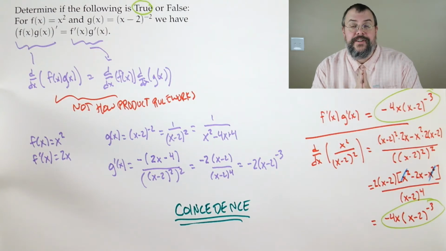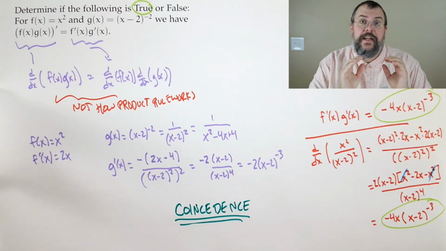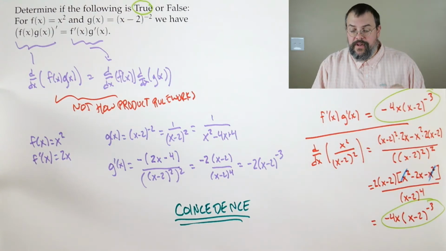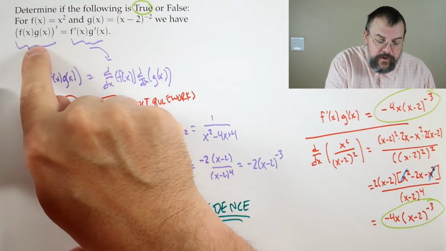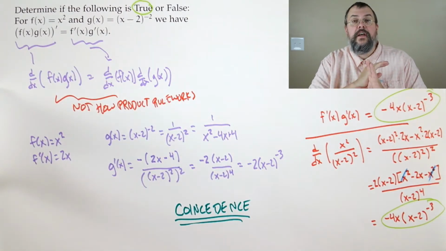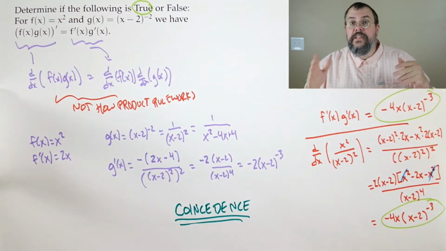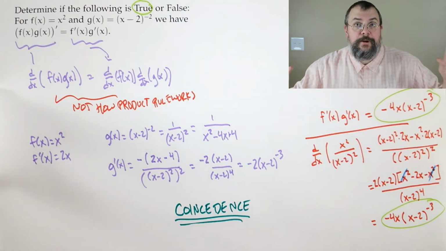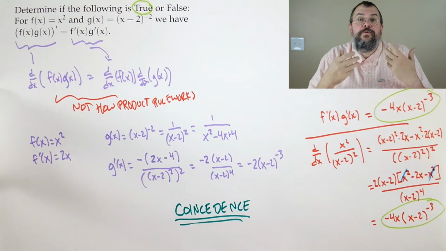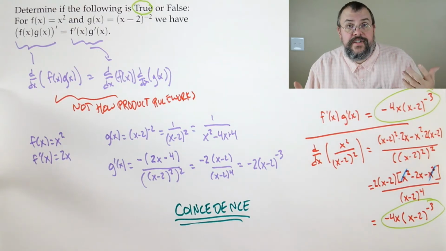So here's the case. It is 100% the case that as a general statement, the derivative of f times g is not the derivative of f times the derivative of g. That is a statement which is true in the sense that most of the time it is an absolutely true statement. There are these rare exceptions, or coincidences.